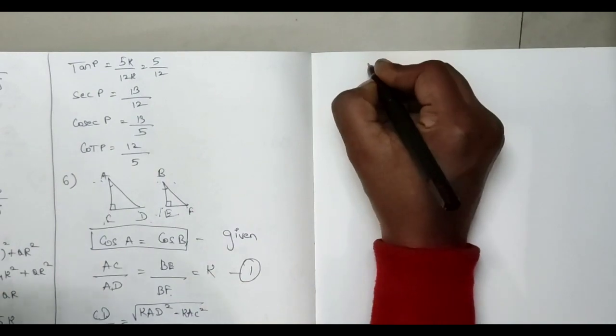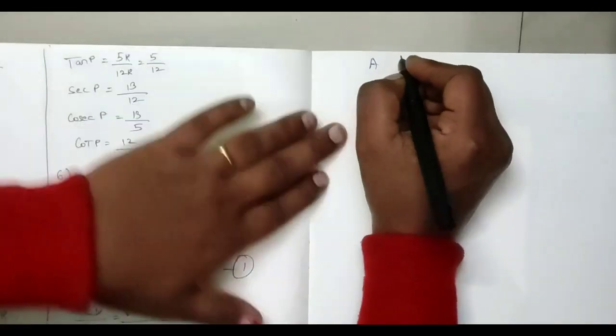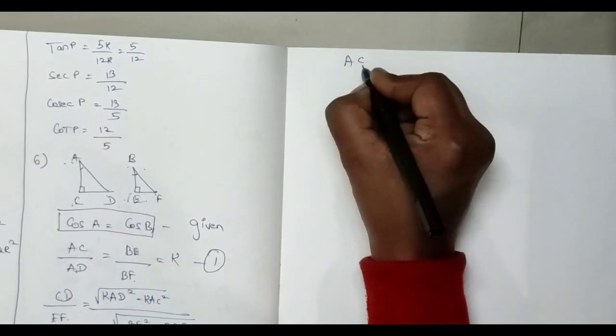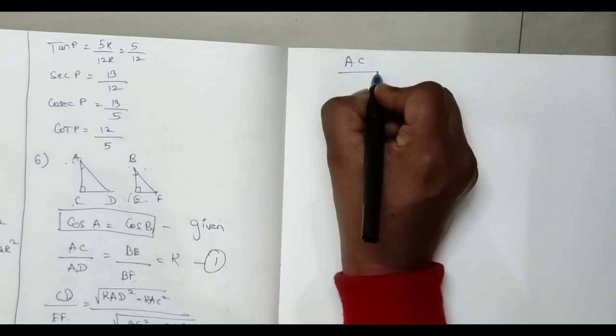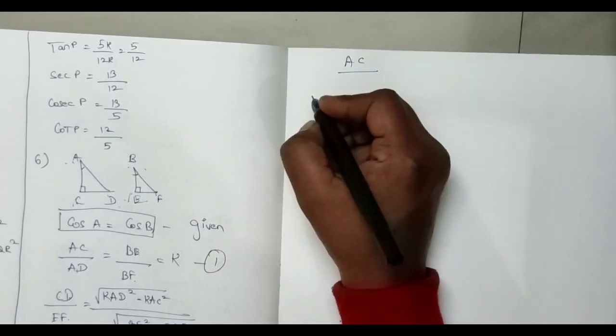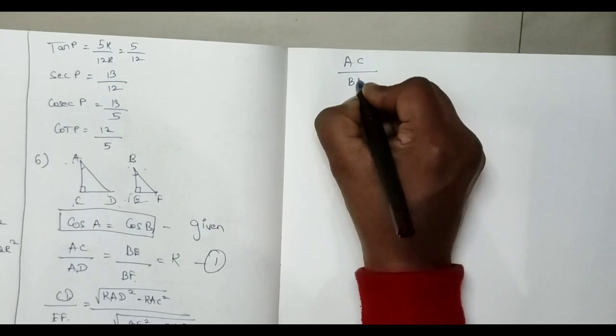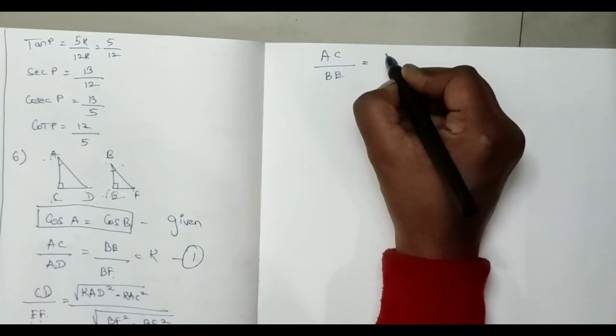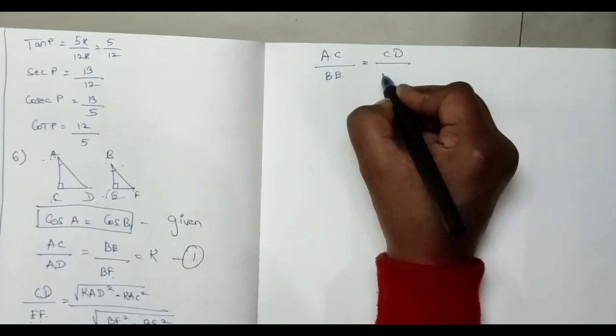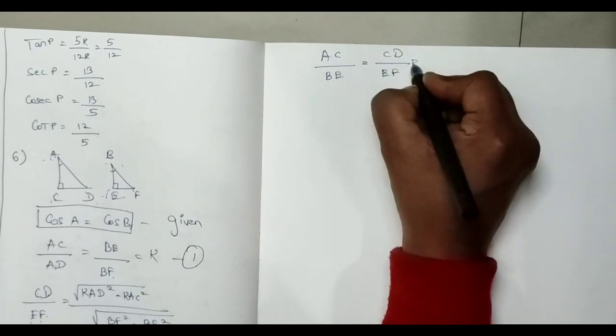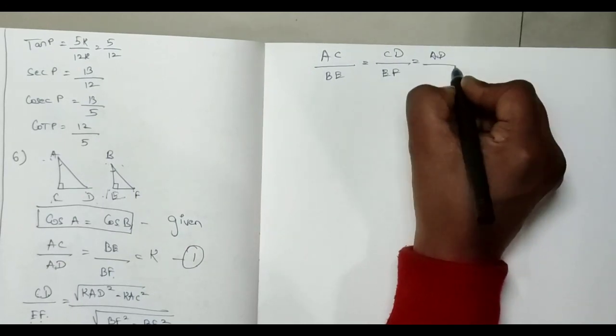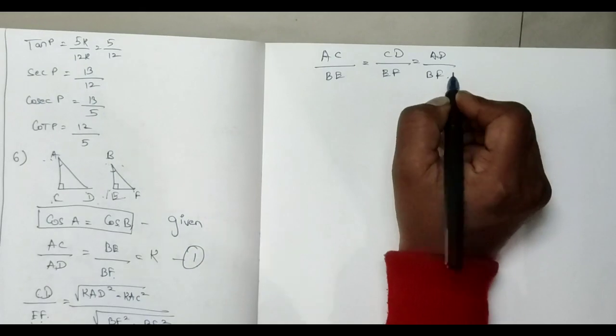So we can arrive at AC divided by BE is equal to CD divided by EF, which is equal to AD divided by BF.